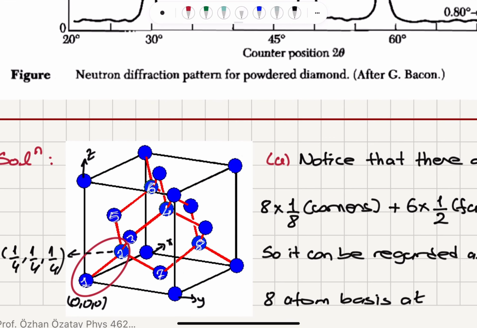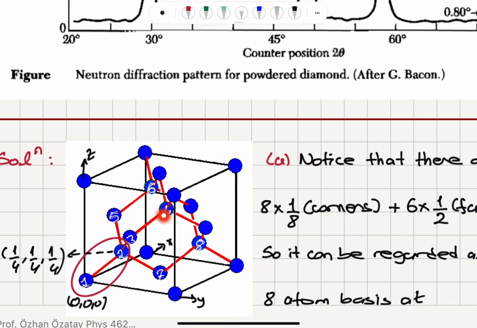Now we have to find the location of these 8 atoms in the basis. We have 0, 0, 0 as the first one. We add to it 1/4, 1/4, 1/4 to reach the second one. For the underlying FCC lattice, the next one is at x equals 0, y equals 1/2, z equals 1/2.